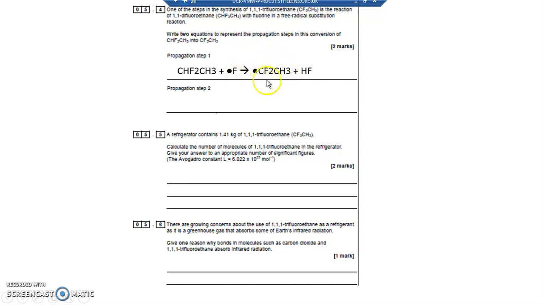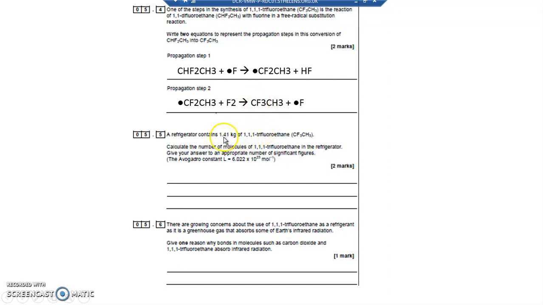What's going to happen next? This is going to react with fluorine then. So this reacts with F2, always makes an F dot again because this is a catalyst in the chain reaction, and therefore we make CF3CH3 as it says in the question.